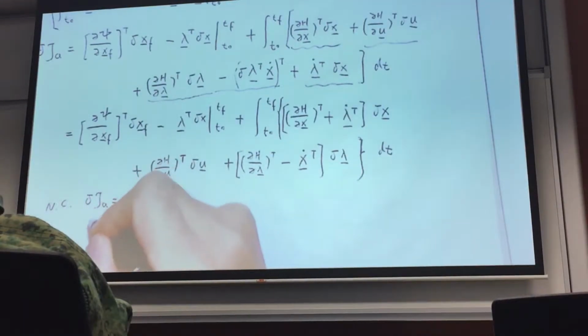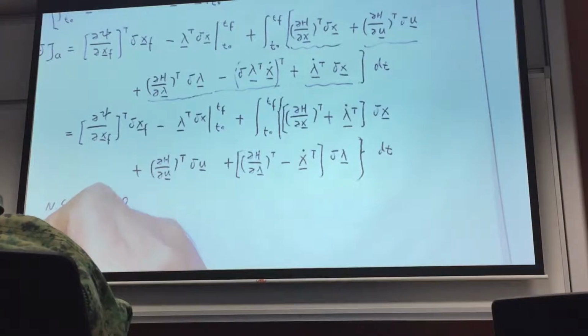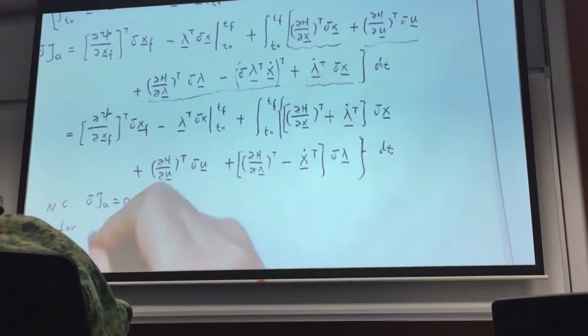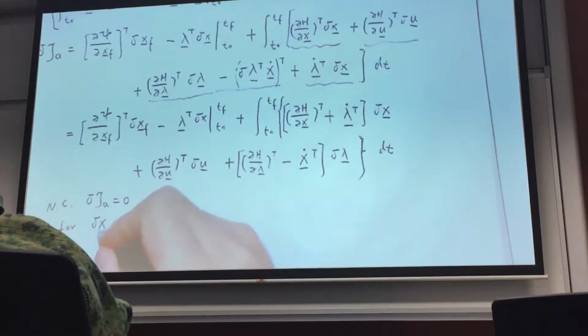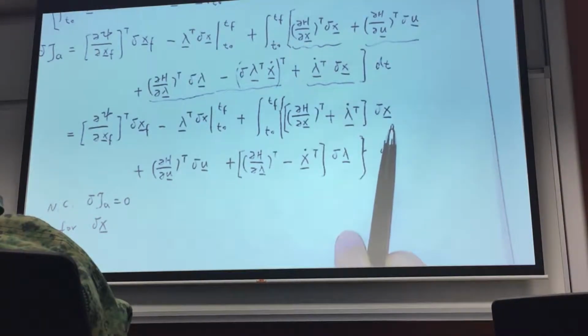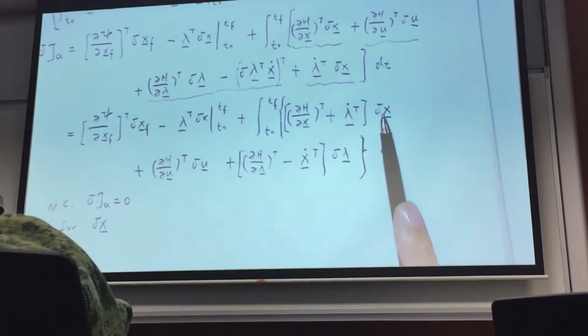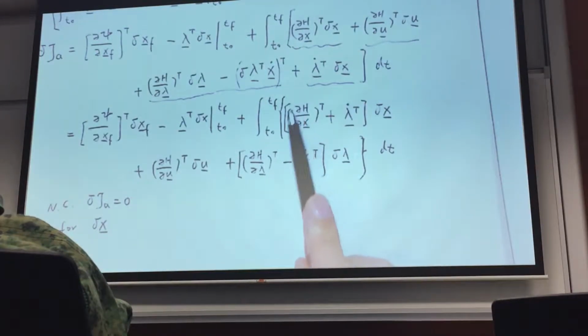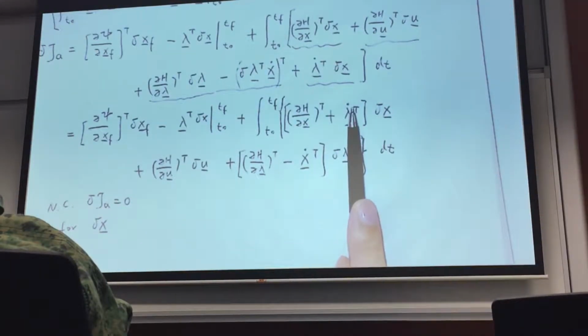So to evaluate the necessary condition, the first one, for delta x, for this to be always 0 for any small perturbation delta x, the first term must be equal to 0.